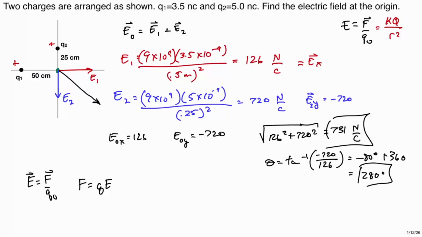If I put, say, a 10 nanocoulomb charge at the origin, I could just do 10 times 10 to the minus 9 times whatever my electric field is, 731, and I would get the force on that charge.